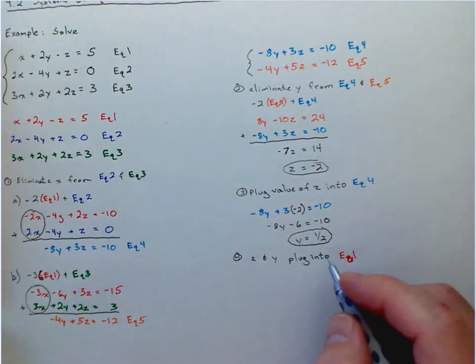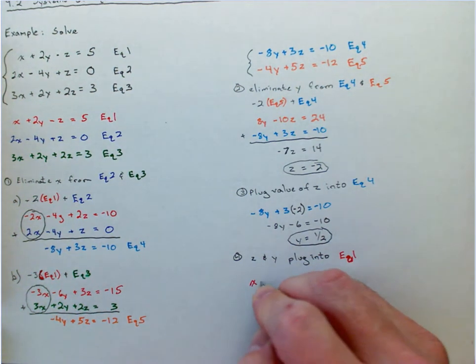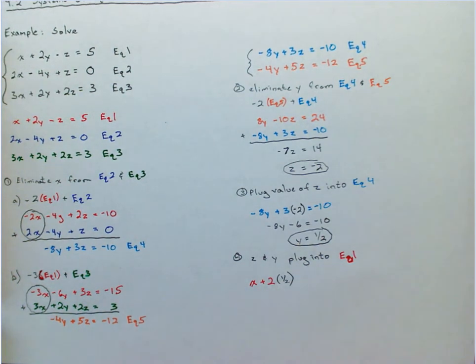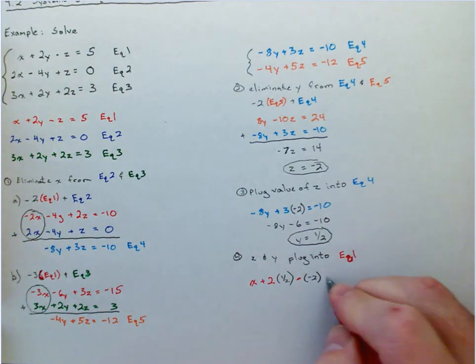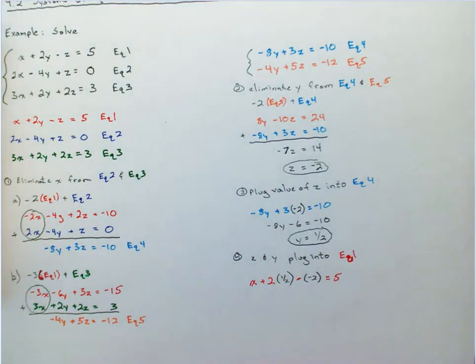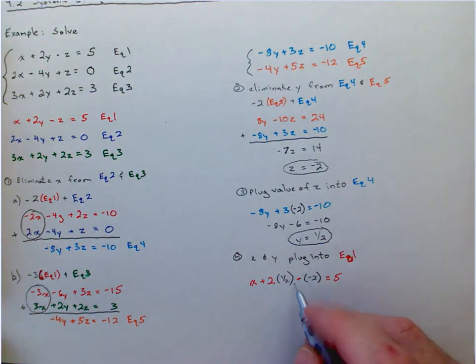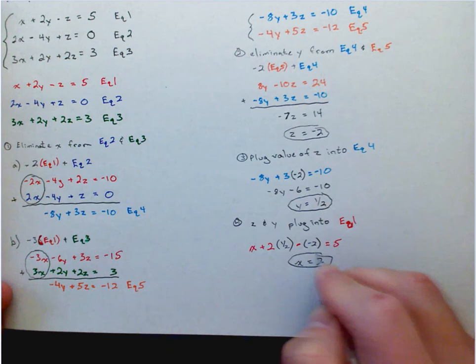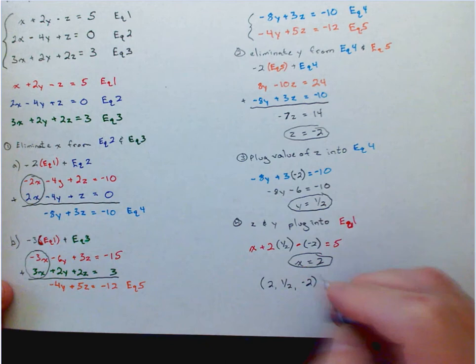So, equation 1: x plus 2, and then my value of y is 1/2, minus my value of z, which was a negative 2, equals 5. That becomes 1, 2, 3, so x equals 2. My solution for this is 2, 1/2, negative 2.